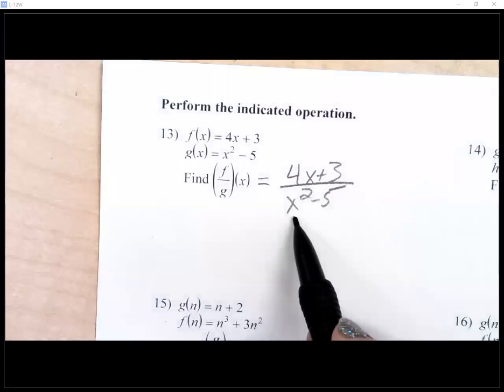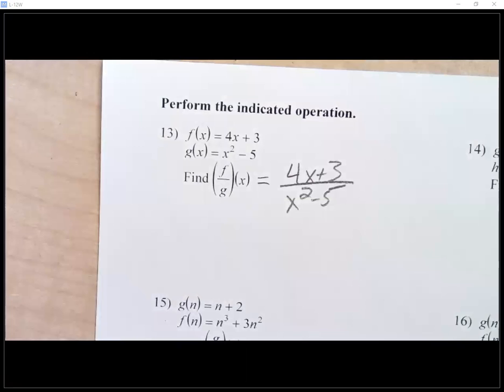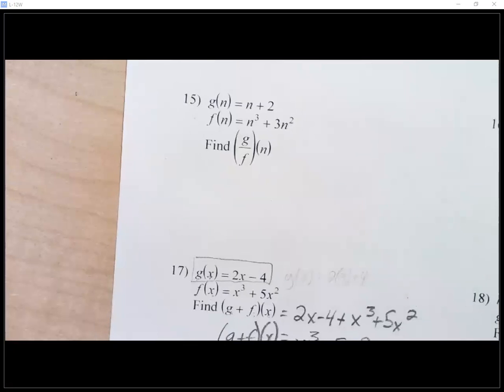Yeah, if it happened to be what, square root of 5? If you plug in square root of 5 and you square it, you get 5. 5 minus 5 is 0. Uh-oh. But that'll be later on. We'll talk about that. But for now, that's literally it. So try 15. They want g over f, so make sure you put the g function on top, the f on the bottom.